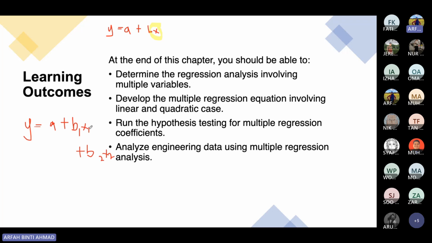You have x1 and also x2. So our aim is actually to develop the regression model for y equal to a plus b1 x1 plus b2 x2. So how are you going to develop this model?